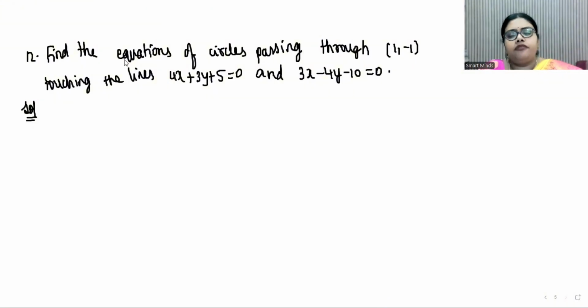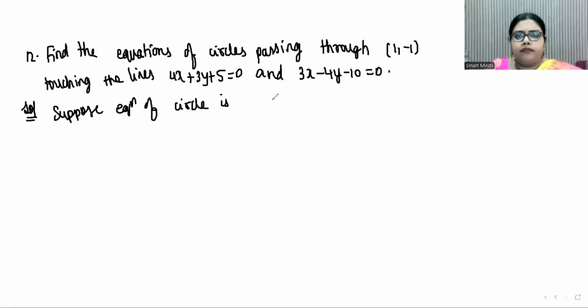Take the next question. Find the equations of circles passing through 1, minus 1, touching the lines 4x plus 3y plus 5 equals 0 and 3x minus 4y minus 10 equals 0. Now suppose the equation of the circle is, we take the general equation, x square plus y square plus 2gx plus 2fy plus c is equal to 0.